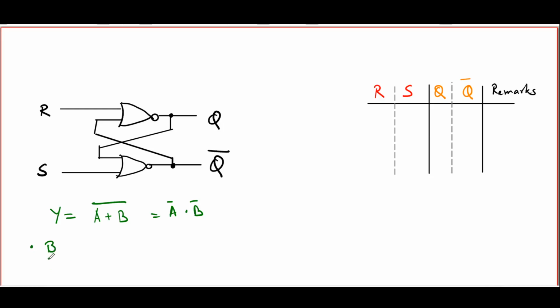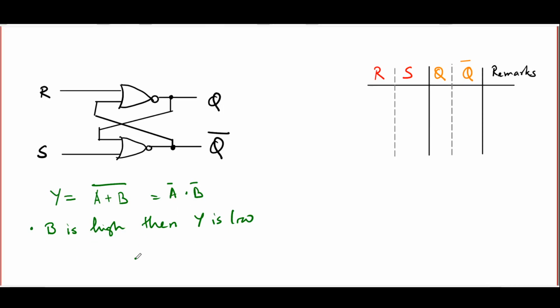If one of the two inputs, let's say B, is high, then Y is low. So B being high, in fact any one of the two inputs being high, forces the output to be low. On the other hand, if a given input B is low, then of course B bar is high, and Y is simply A bar, the complement of the other input.